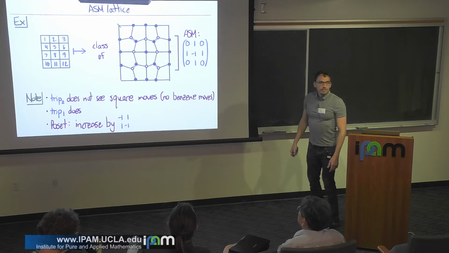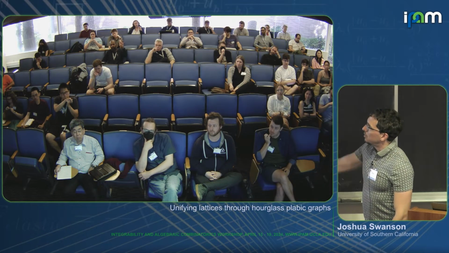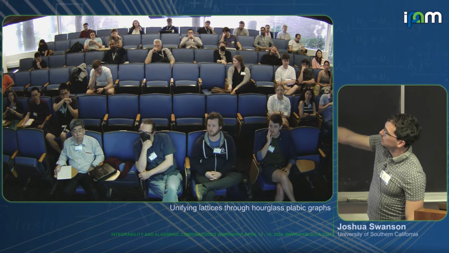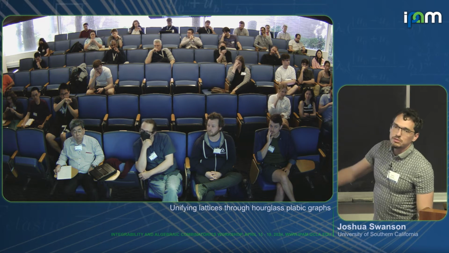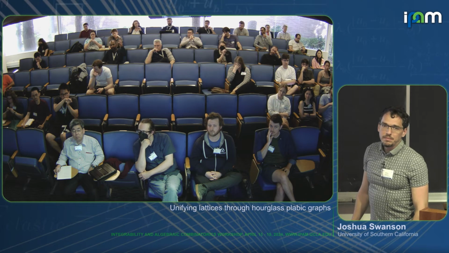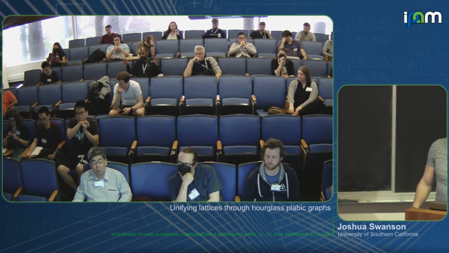Sorry, could you go back to the previous slide? When you say move equivalence class is associated with, what is in bijection with what? For each alternating sign matrix, there is a web where the trip permutations of the web are the same as the promotion permutations of that lattice word. So the orbits of the promotion permutation?